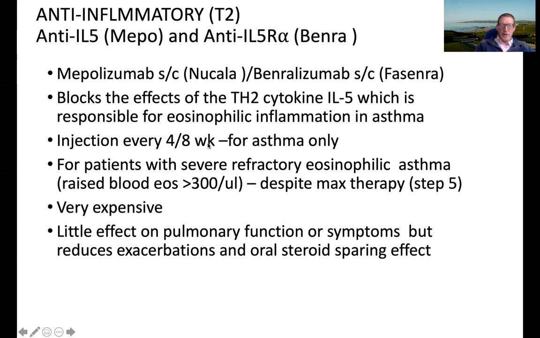It's an injection given every 4 to 8 weeks, depending on which drug you give. It's for patients with severe step 5 refractory eosinophilic asthma. So this would be patients with blood eosinophils more than 300 cells per microliter, more than 0.3 times 10 to the 9. Very expensive, like anti-IgE.